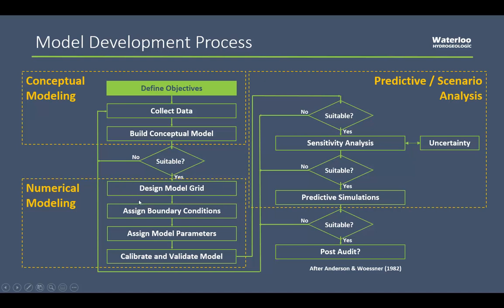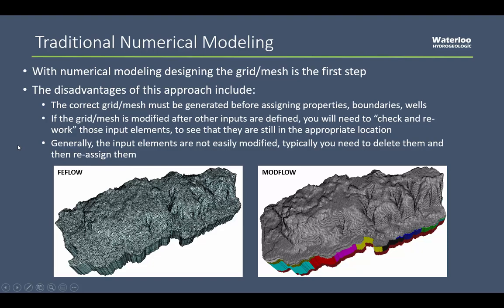Then you'll assign boundary conditions and model parameters on a cell-by-cell basis before running the model, and then going through the process of calibrating and validating it. With the conceptual modeling tutorial, we've essentially pulled these few additional steps into the Visual MODFLOW interface.